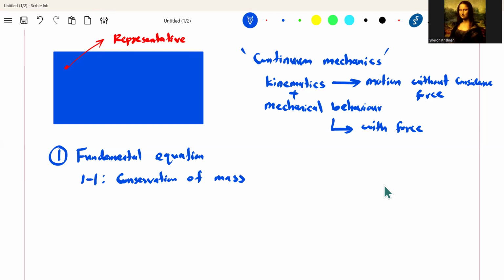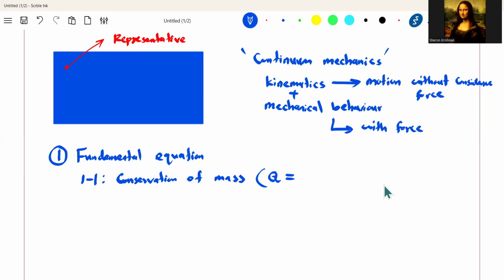In one of the equations you studied in your fluid mechanics, Q, the flow rate, is constant. Even if we change the cross section, the same flow is passing through that cross section.